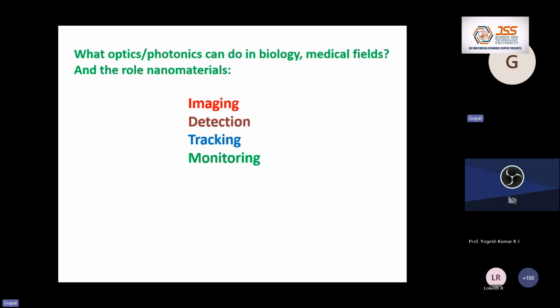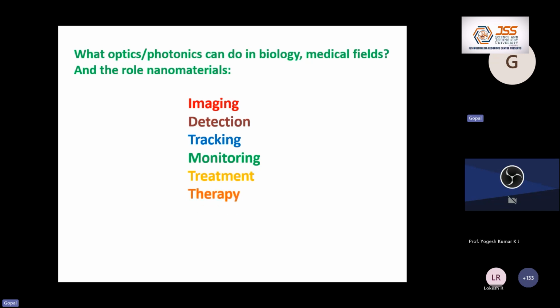So with this photonics background, imaging has been there for a long time, no doubt. Imaging, detection: you can see it, then detect it, track it, monitor it, and you can give the treatment by nanomaterials. You all know some of these things. Then therapy, that also through nanomaterials.